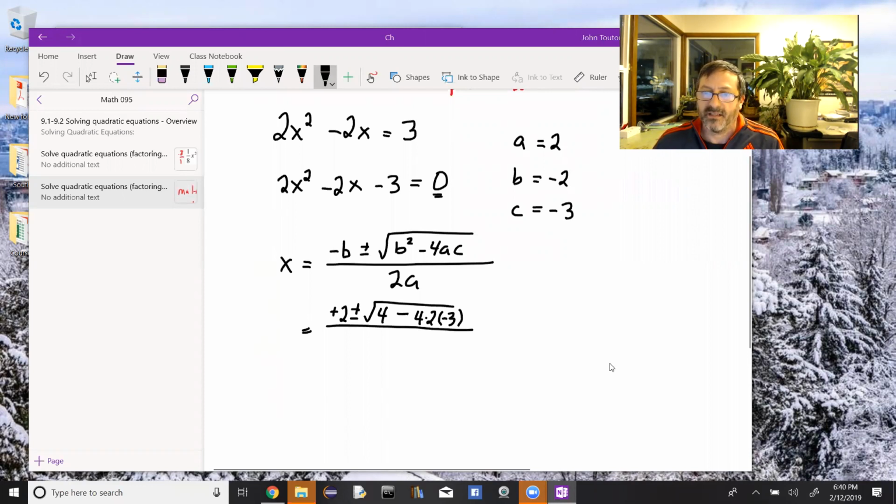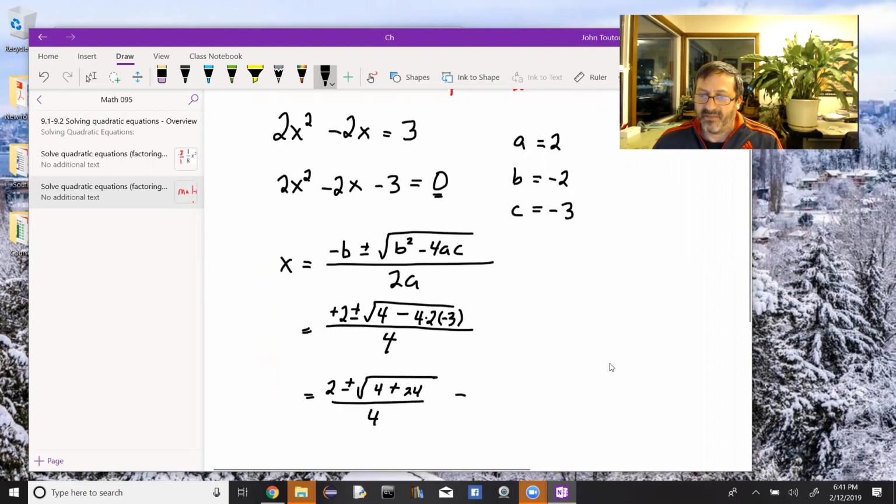And then the denominator, everything over 2a. Again, what's 2 times 2? 2 times 2 we know is 4. So that's better to write that in if you know it. And this becomes a 2 plus or minus the square root of, so that's a 4 plus 4 times 2 times negative 3 is 24, all over 4.